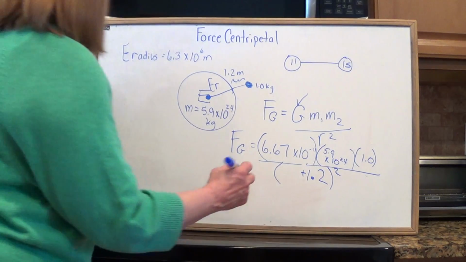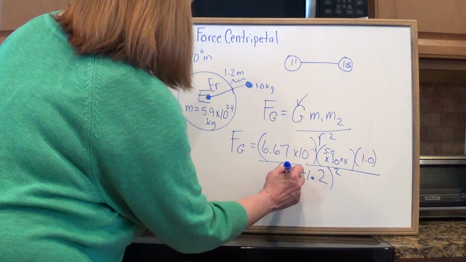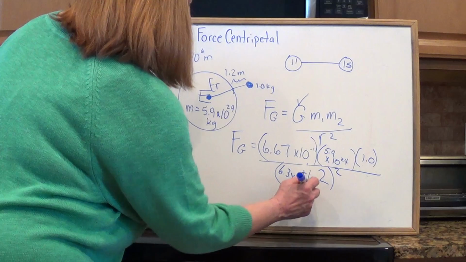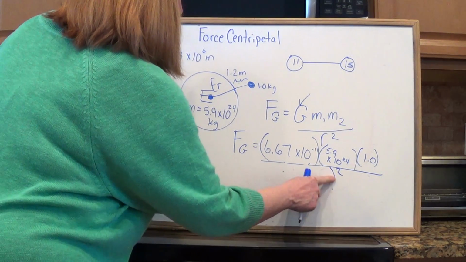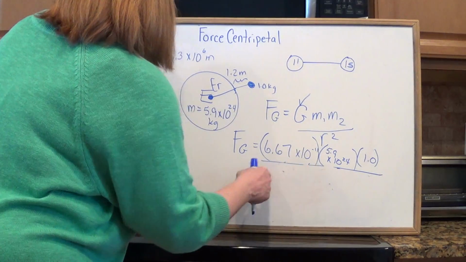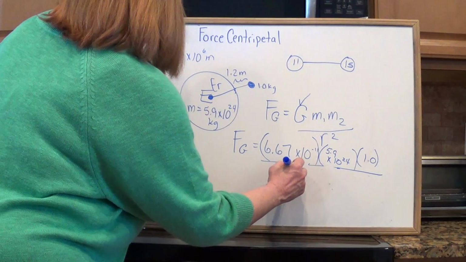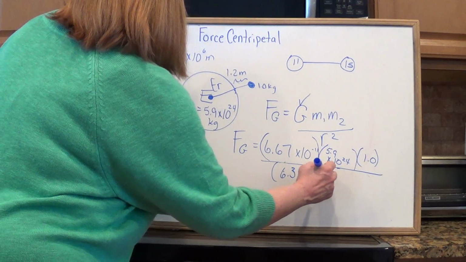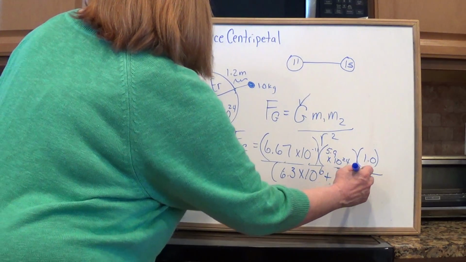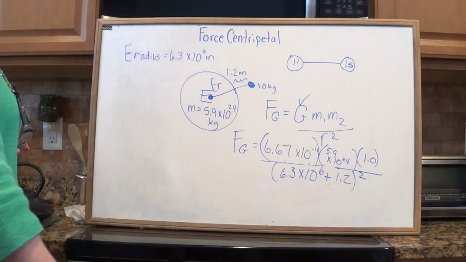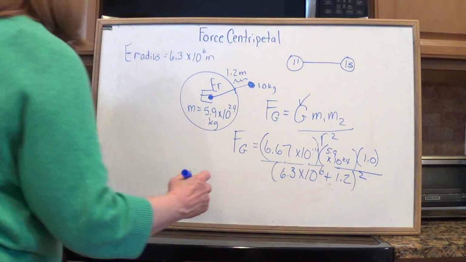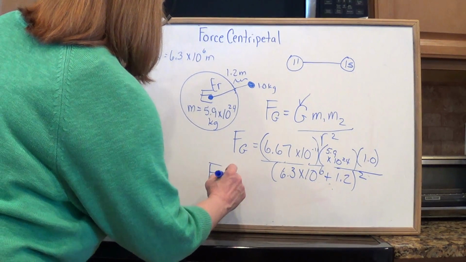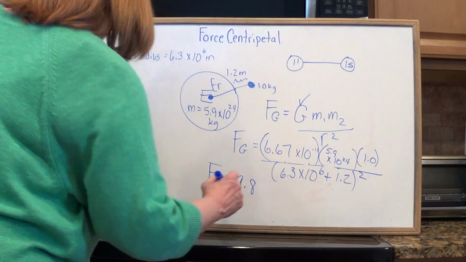So I'm going to add 6.3 times 10 to the 6th. Let me stretch that out so you can see it well. Squared. So when I calculate all of that, I find that the attraction between the two, the force of gravity, is 9.8 newtons.